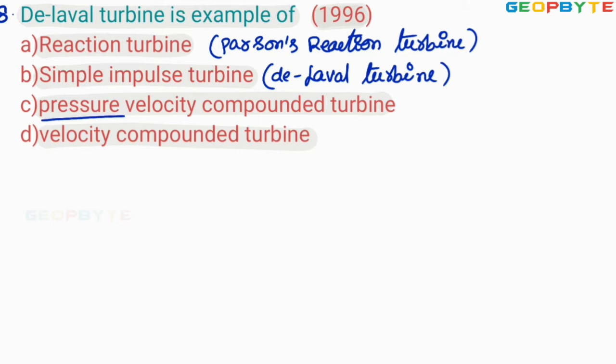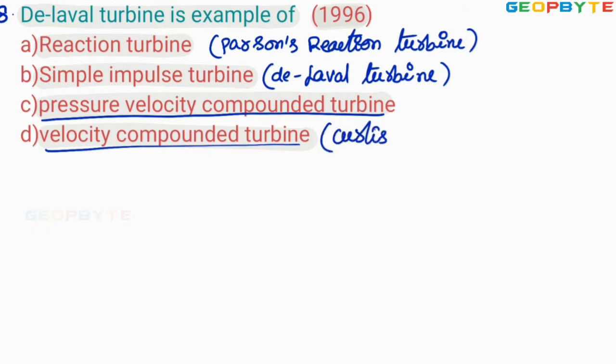Pressure velocity compounding is a kind of compounding turbine, and velocity compounding turbine is called Curtis turbine. And remember, there is another kind of compounding turbine called pressure compounding turbine.